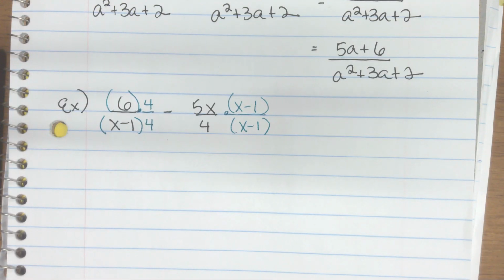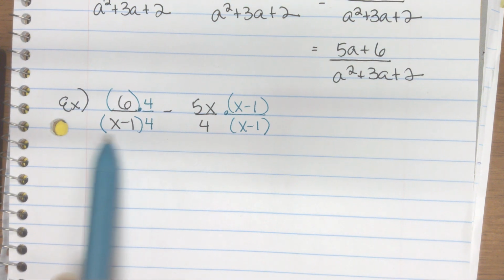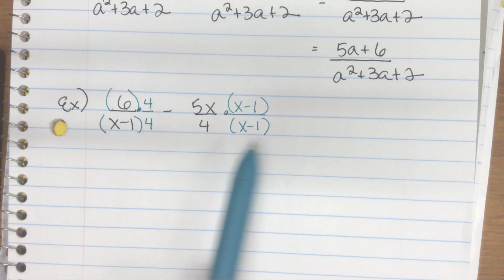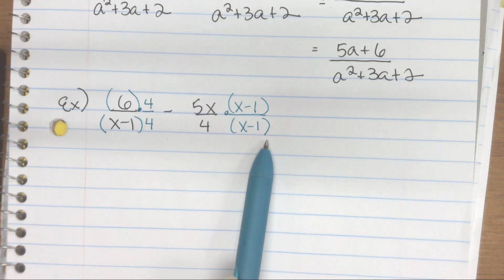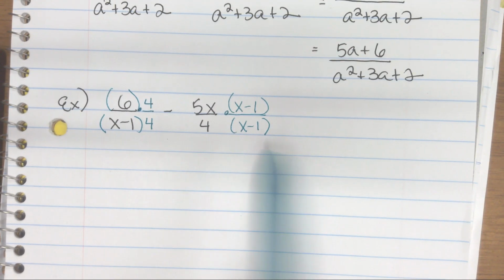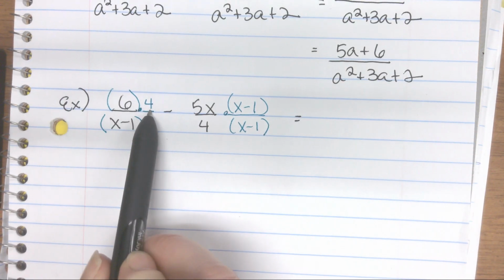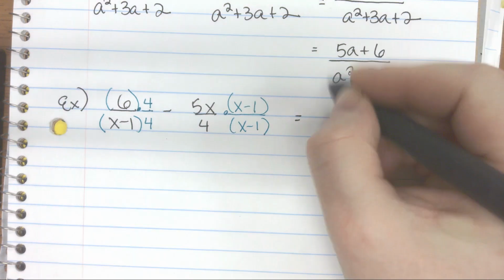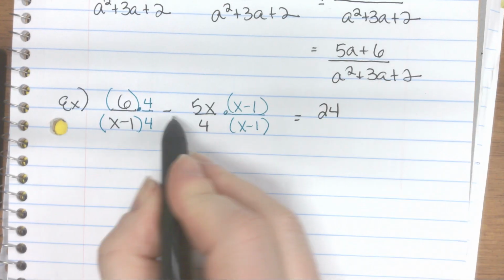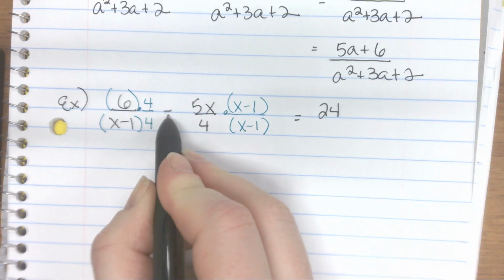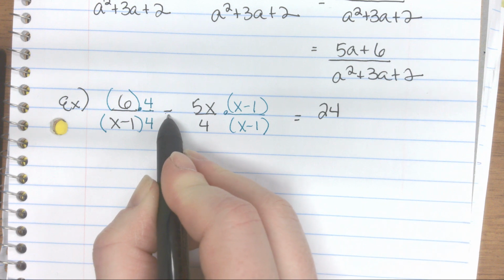Okay, let's write our new fractions now. And do you see how I have 4 parentheses x minus 1 and 4 parentheses x minus 1? Do you see that common denominator there? Okay, so putting this together, I have 6 times 4, which is 24. Be careful of the subtraction. This is a subtraction. You can think of it as a negative 5x. You're going to distribute it to both things.